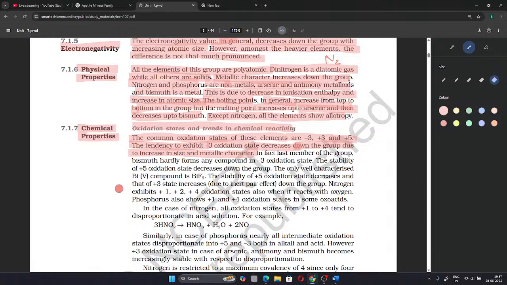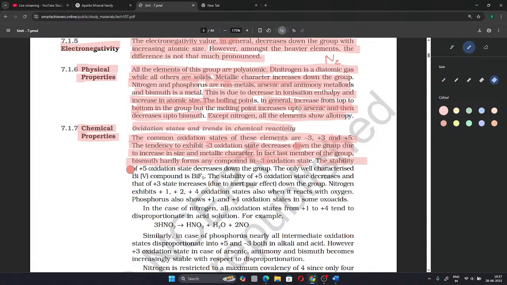Because of such a reason, the -3 oxidation state is not shown very much, and we see that it is shown more in nitrogen. In fact, the last member of the group, bismuth, hardly forms any compound in the -3 oxidation state.